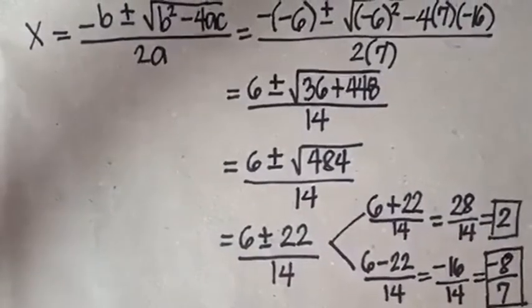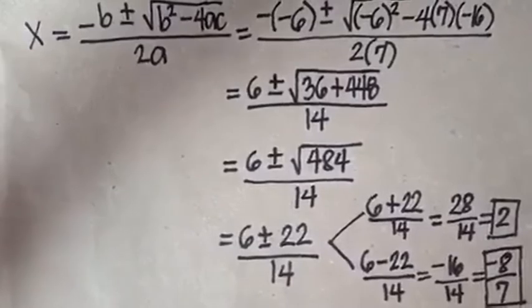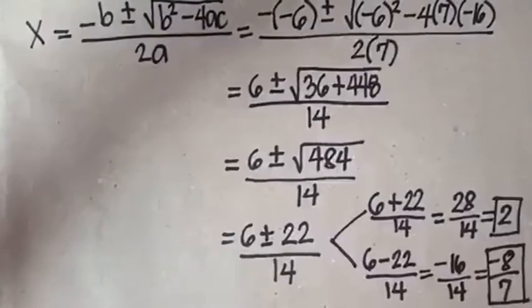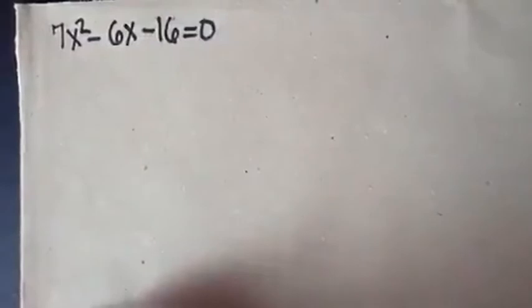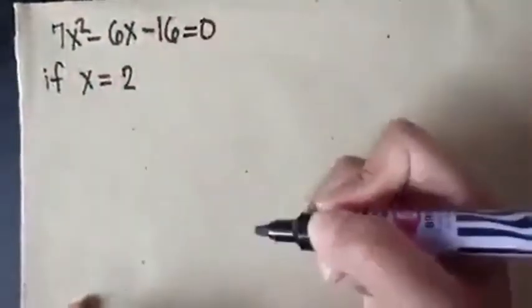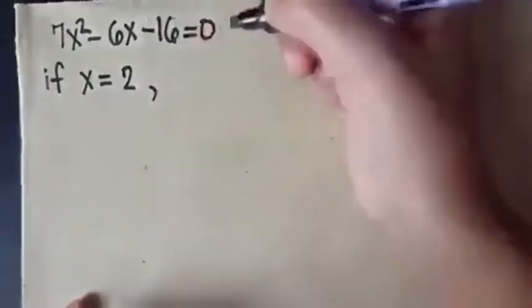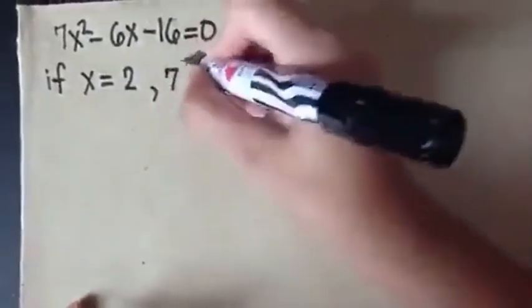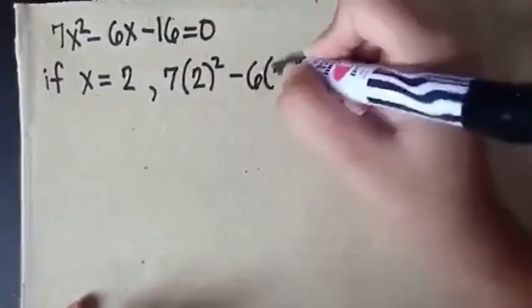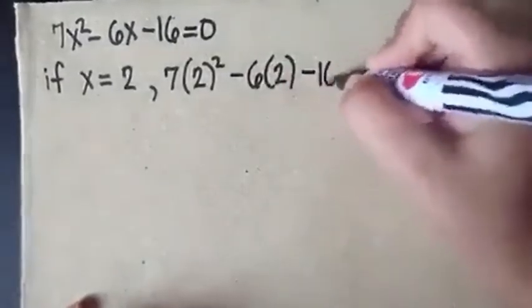So i-check natin kung meron ba tayong extraneous solution or if they are both real solutions or real roots. Sa checking, kailangan yung original equation ang gagamitin natin. So let us have x is equal to 2, yung unang na-solve natin na value ng x. We are going to replace 2 to all the x's. So we have 7 times 2 squared minus 6 times 2 minus 16.